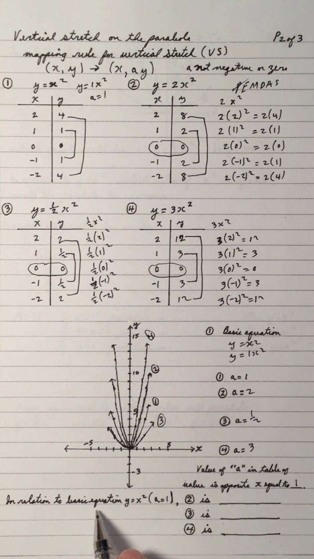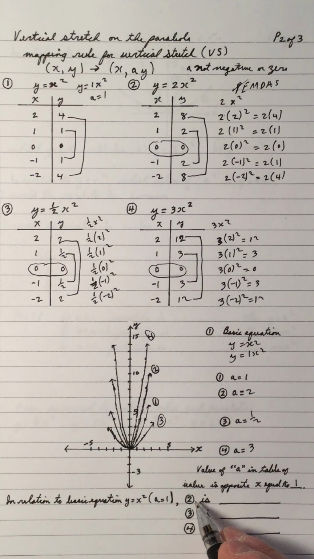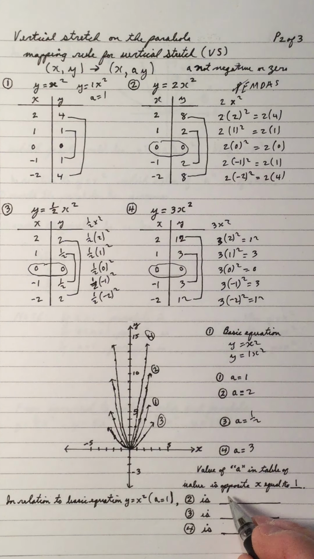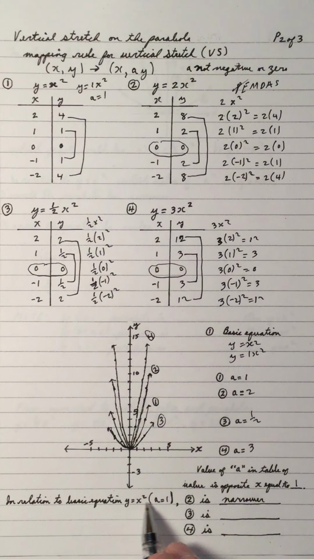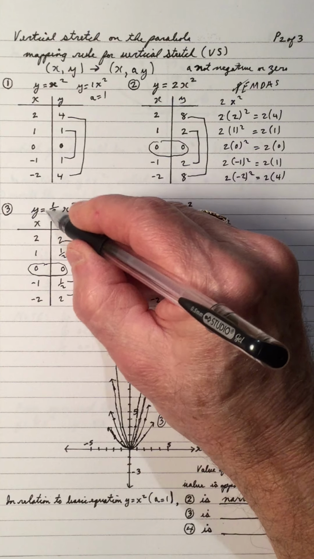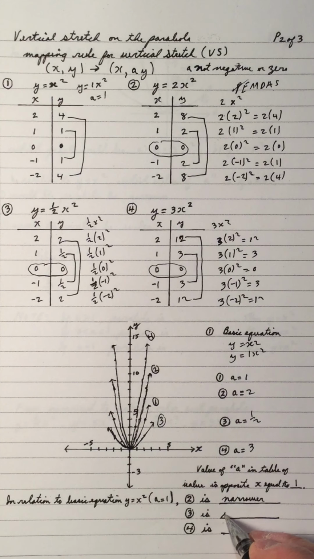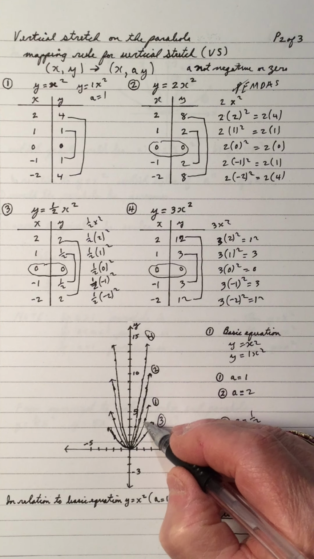In relation to the basic equation, y equals x squared, where a is 1, is the number 2 graph narrower or wider? It's narrower than the basic graph. And when you have number 3, the half makes it wider than the basic graph. Remember, the basic graph is number 1.